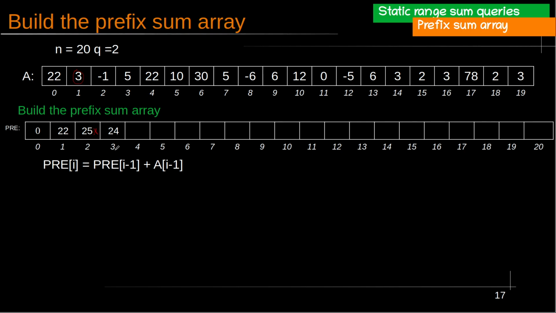Which means that if we want to continue a little bit here, for example, if we take the sum at pre of 6, the sum is the sum of the elements in the original array from index 0 to index 5.